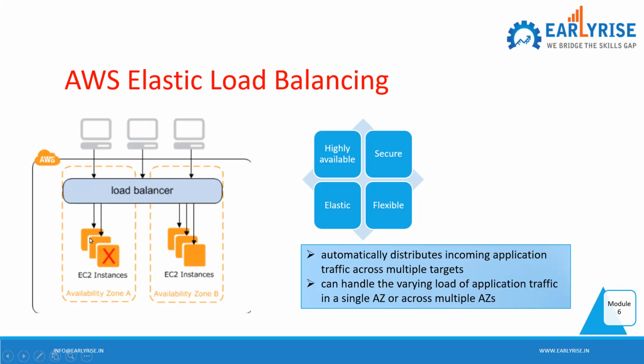Now if a system is bad and it is still sending the traffic, what will happen? That request will fail. Just think of a situation where you have two proxy servers running in your organization's data center, and you have a load balancer. You might have heard about round robin load balancing using DNS, where you put one record in the DNS and use two servers, some kind of round robin.